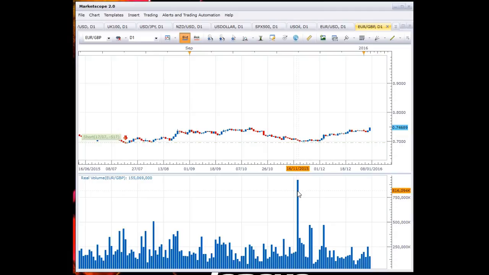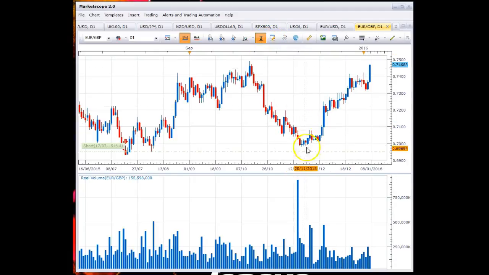You see, the 16th of November was a big day for this pair. There was a lot of volume there, but not a big move there. And we know that when the relationship between volume and price is so disparate, we should be cautious.